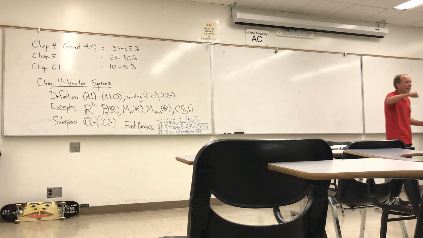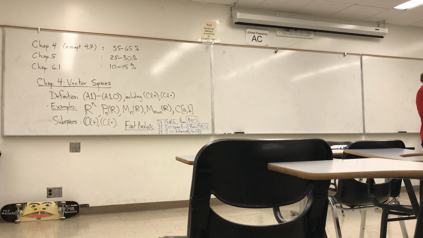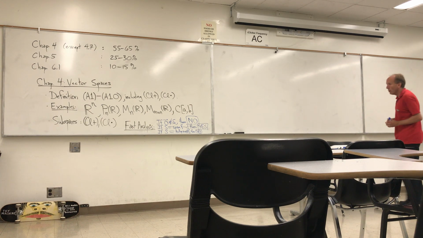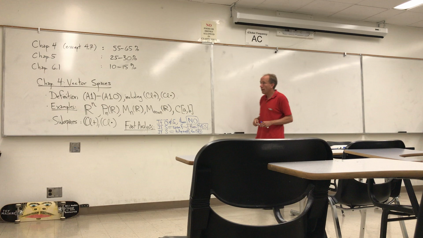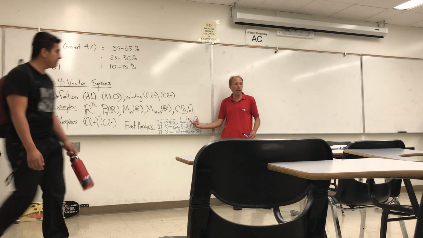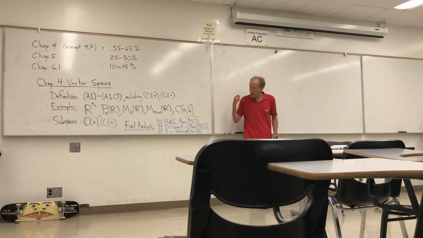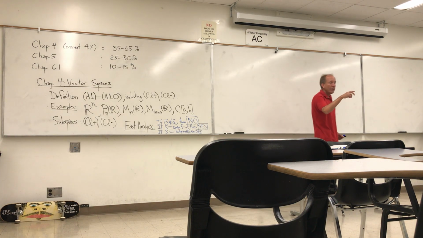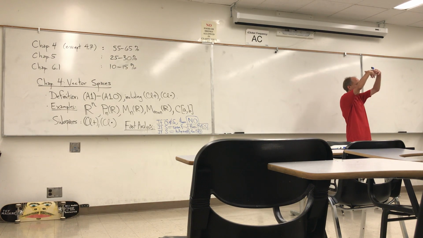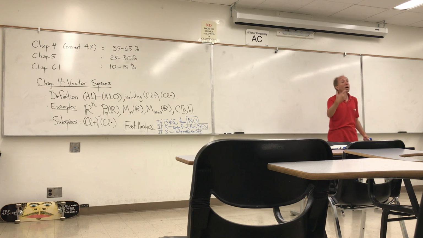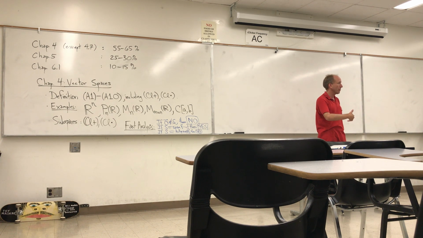By the way, I'm not going to be giving any points for just circling yes or no. I have to have a justification that goes along with it. So if the answer is no, you could use the zero vector justification. But if the zero vector is in the set, then you would need to use an actual example to show that it's not closed under addition or scalar multiplication.